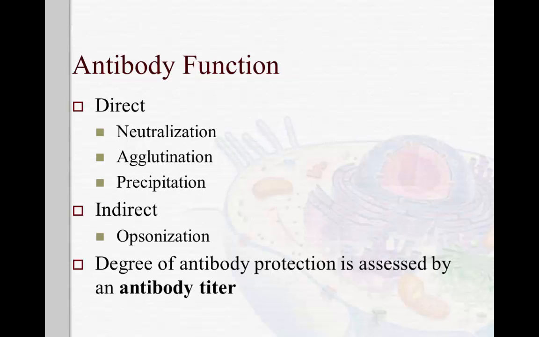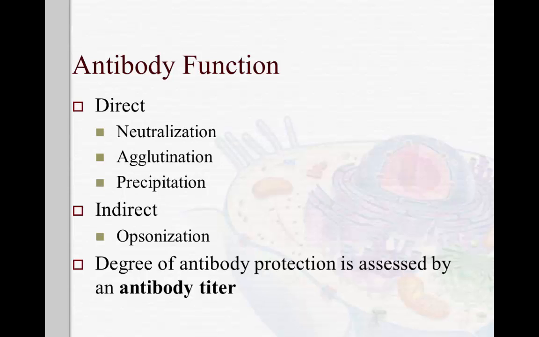Now, the function of the antibody could be direct or indirect. This could happen directly, mediated by neutralization, which is inactivating or blocking the binding of an antigen to a receptor; agglutination, which is clumping insoluble particles that are in suspension; precipitation, which is making a soluble antigen into an insoluble precipitate.